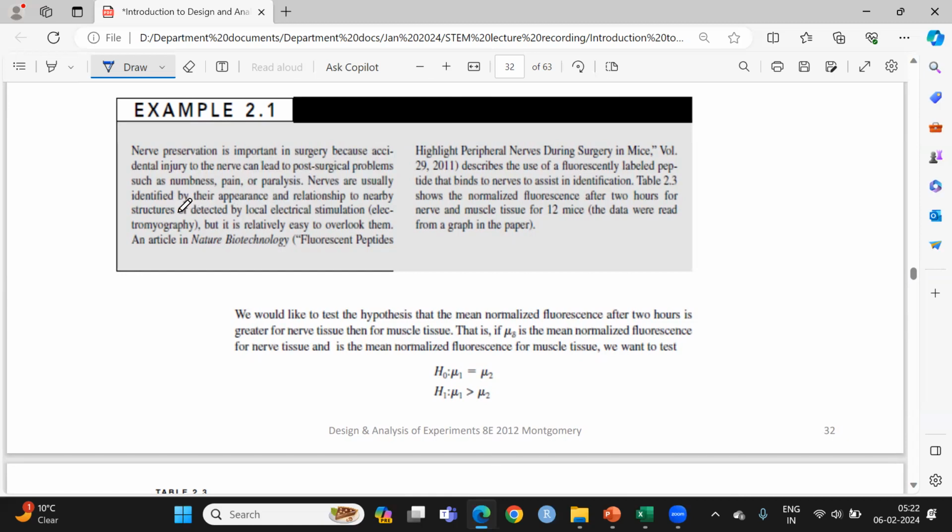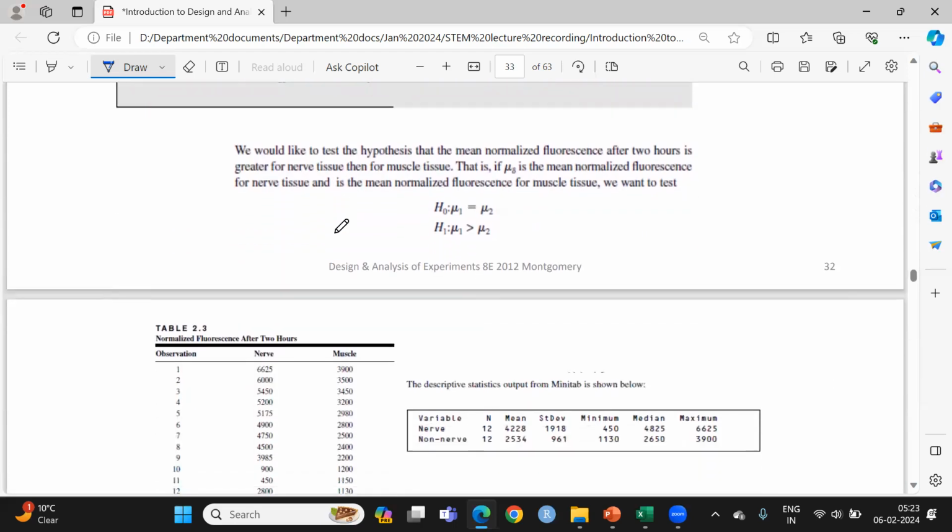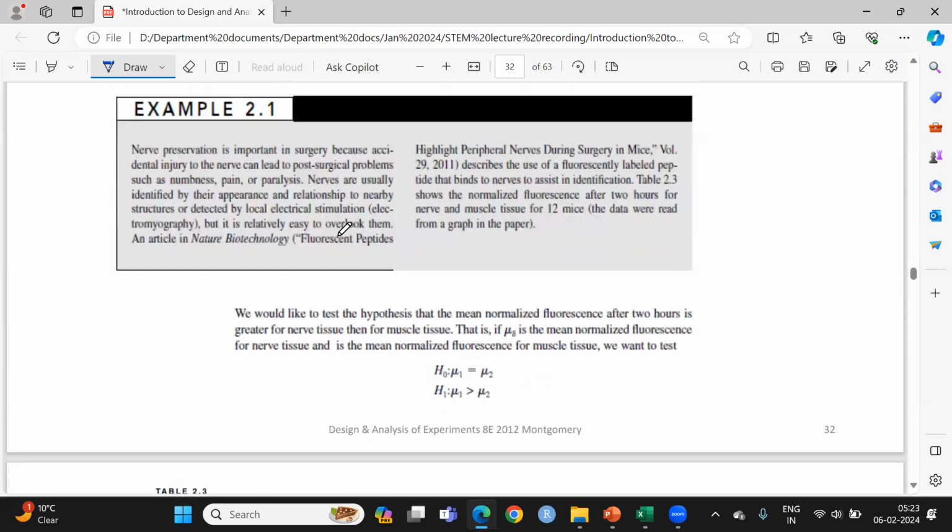Nerves are usually identified by their appearance and relationship to nearby structures or detected by local electrical stimulation. So here we want to see what the drawbacks are after surgery. Okay, so we are observing those things.